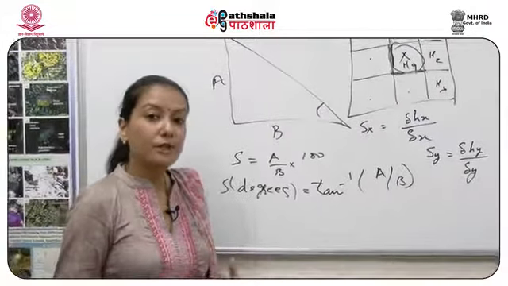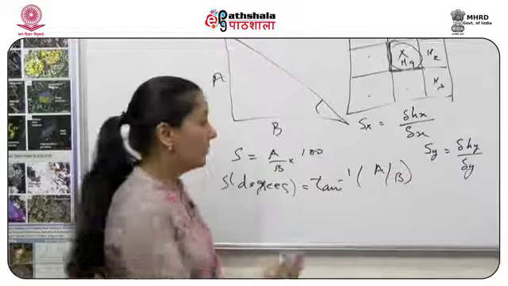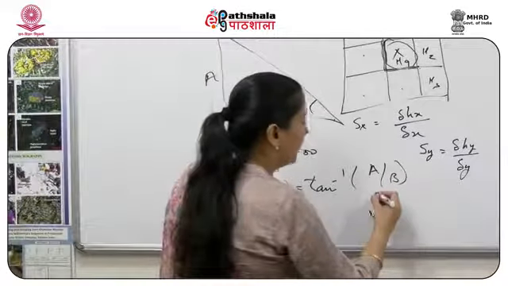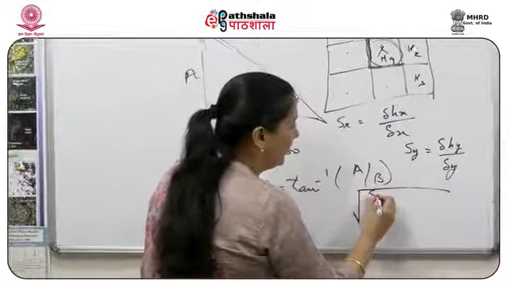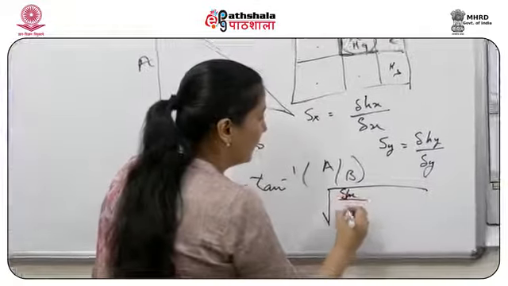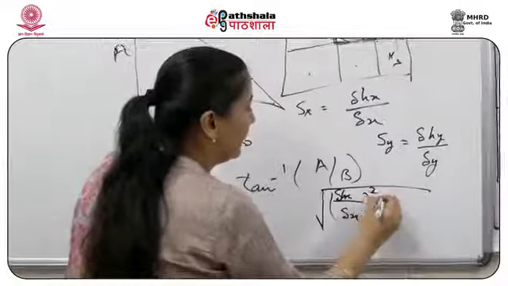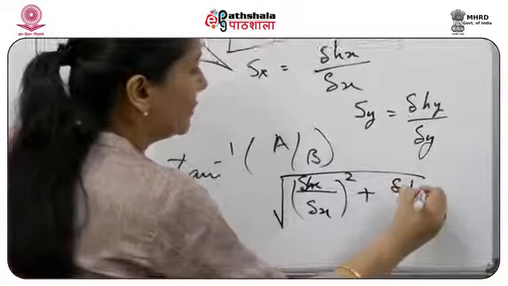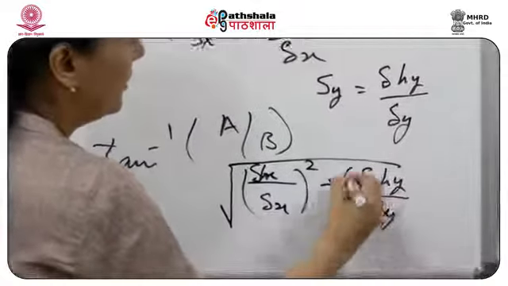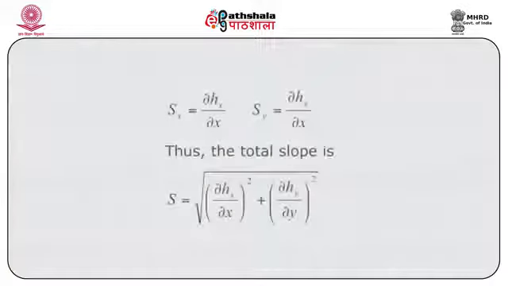So what is the formula for calculating the total slope? It is just the square root of del hx upon del x whole square plus del hy upon del y whole square. Based on this formula, you get the slope of this raster cell.